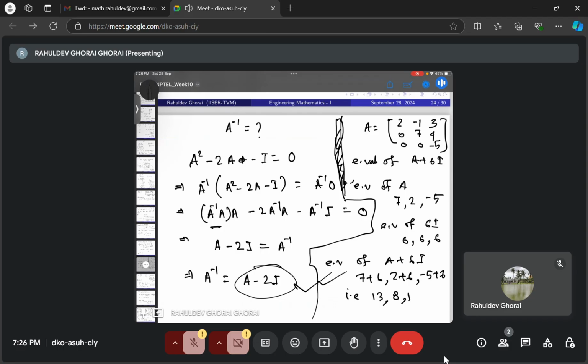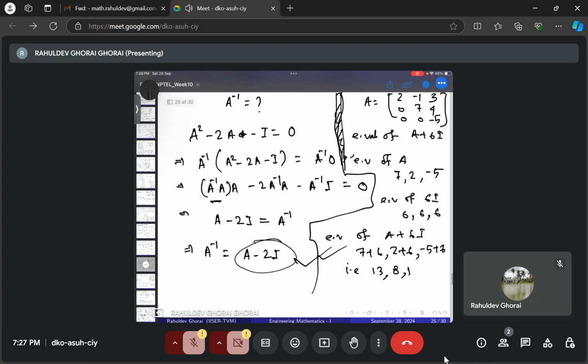So if you know the eigenvalues of A, then for A plus k times I also, you can find the eigenvalues very easily.